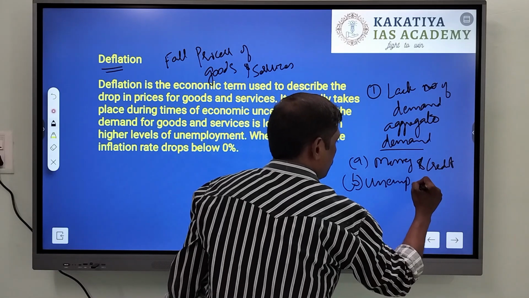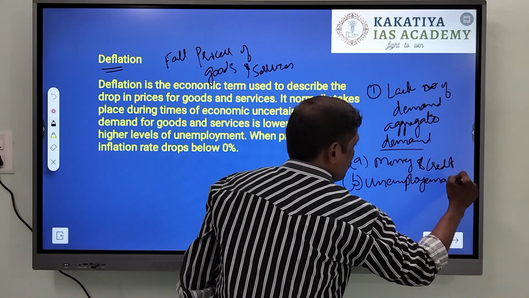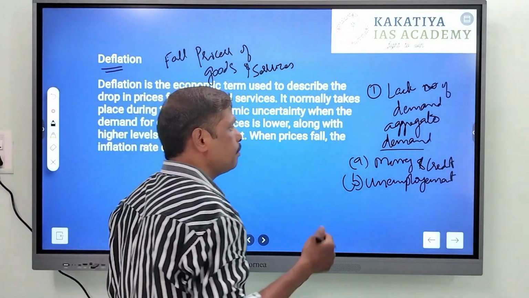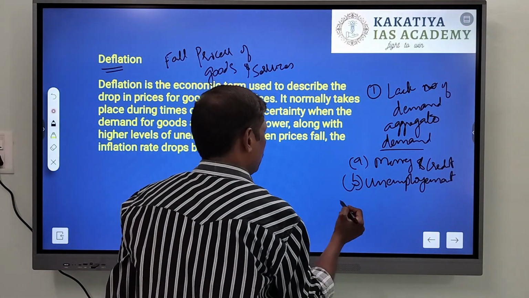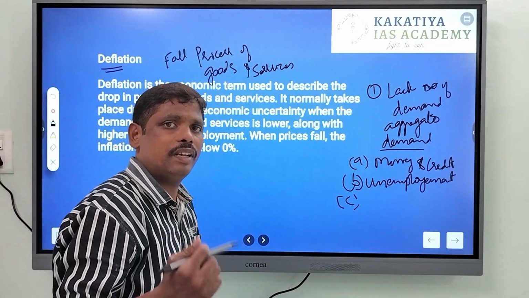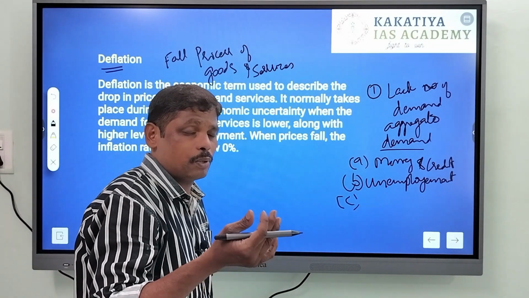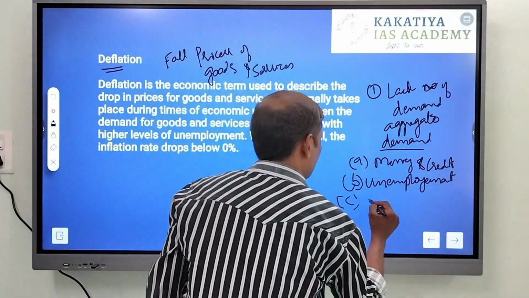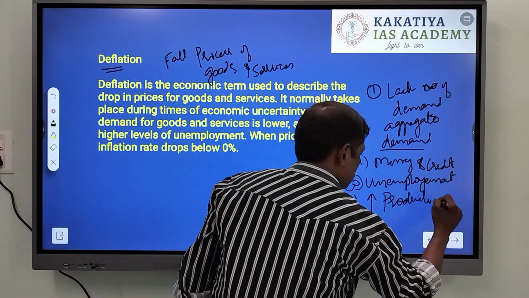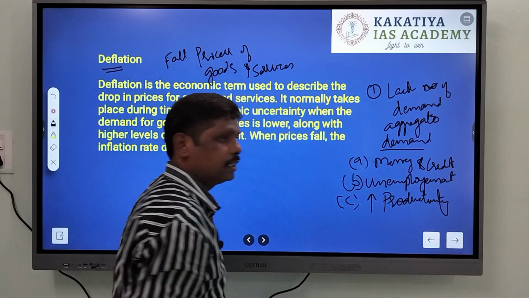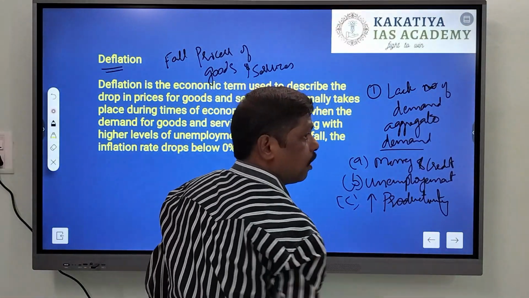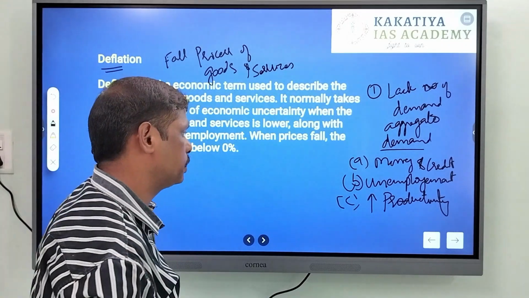Higher levels of unemployment. Even when there is higher unemployment, there will be a fall in the levels of income, which may lead to a reduction in demand. There can be another reason. Say, for example, when there is increased productivity, that is, the production is more than demand, obviously this will also lead to a fall in the prices of goods and services.